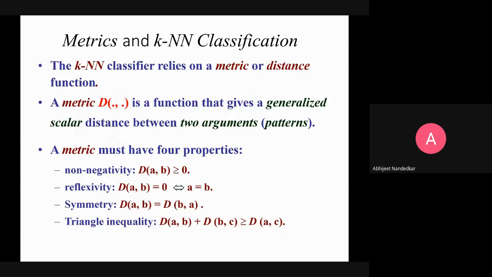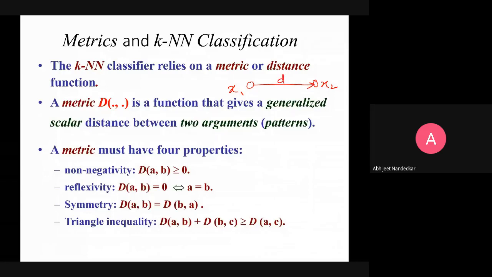Now the metric plays an important role in KNN. Metric means the way of measuring distance between two samples. So this is X, and suppose X2 and X1.